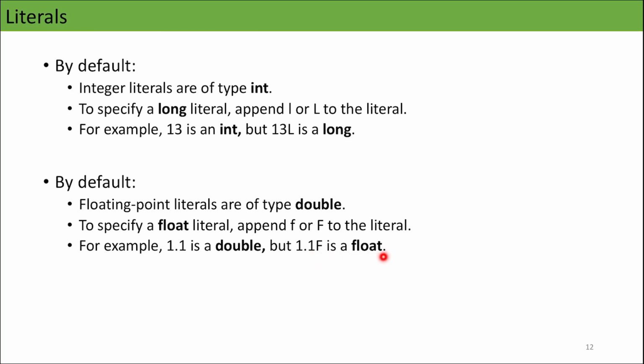As soon as you add F, it becomes float. But that doesn't mean you don't have to declare the variable or the identifier that is using it. You have to declare it. But 1.1 is a double, or 1.1f is a float.